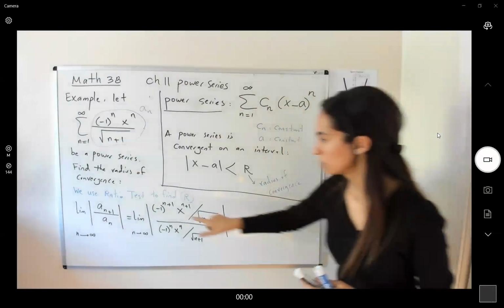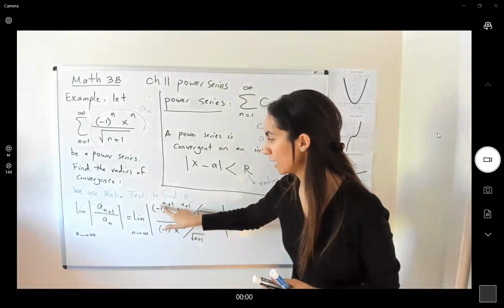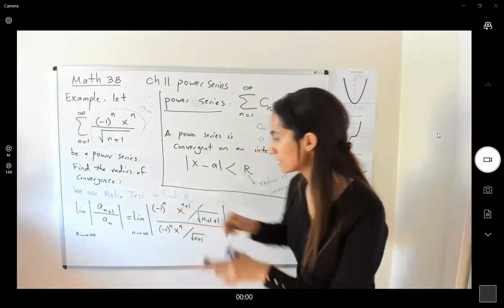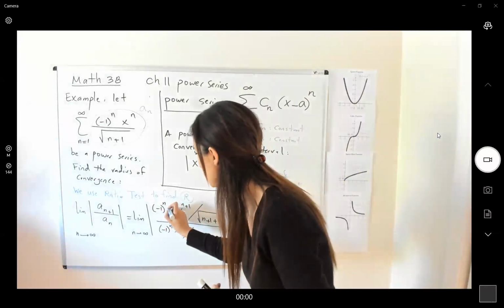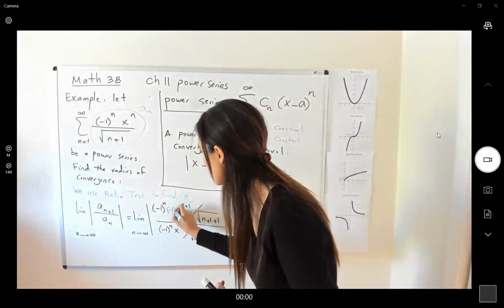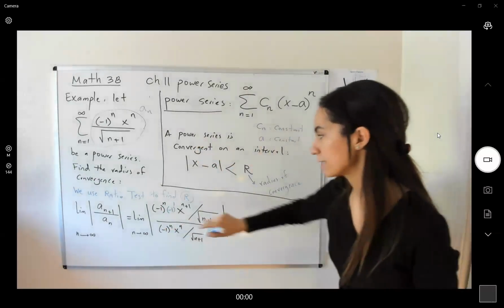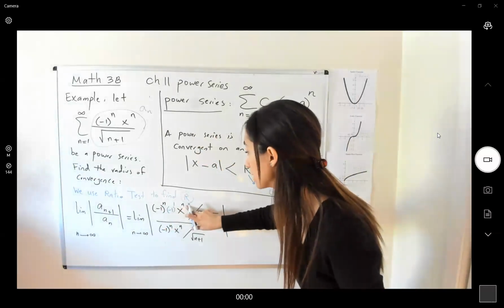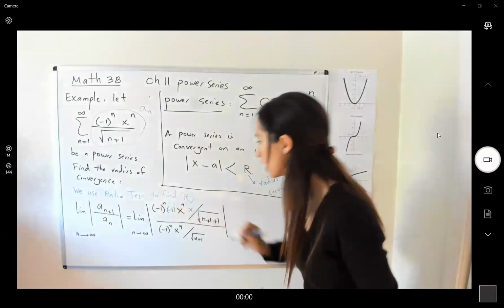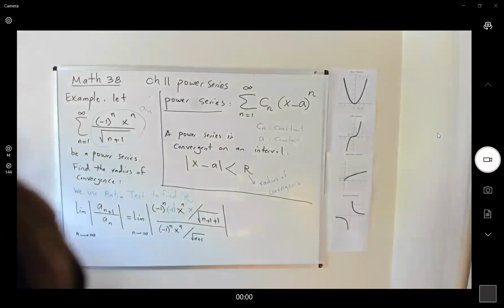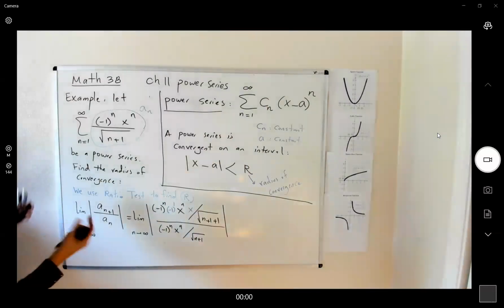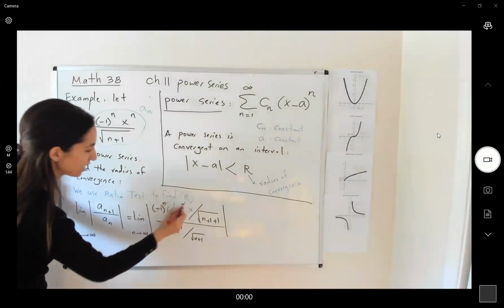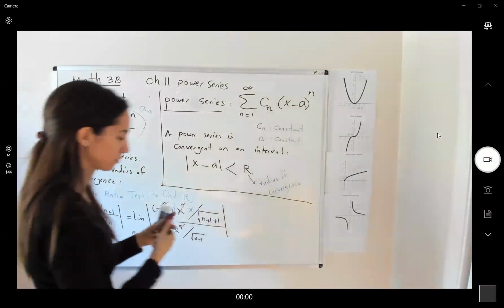Okay, since you have -1 to n plus 1, we can rewrite this as -1 raised to n times -1 raised to 1. And since you have x raised to n plus 1, you can split this and write it as x to the n times x. Now you can get rid of common factors: -1 to the n, -1 to the n; x to the n, x to the n.